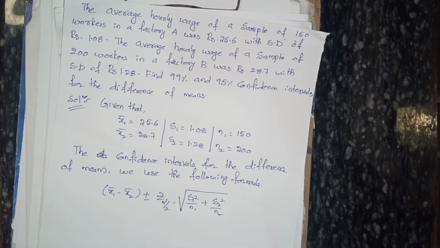When we use the Z-test, we consider only the level of significance, that means only alpha by 2 values. We don't consider degrees of freedom when we are using the normal distribution, that means the Z-test.